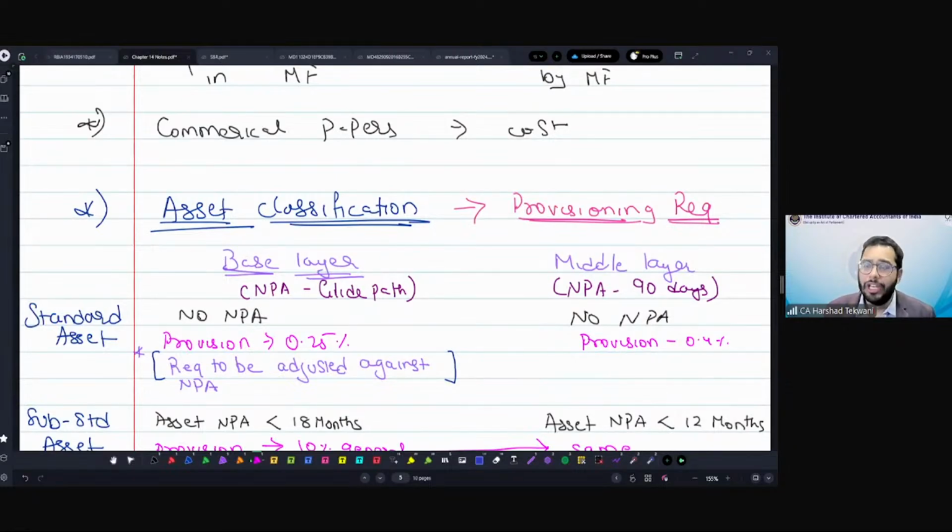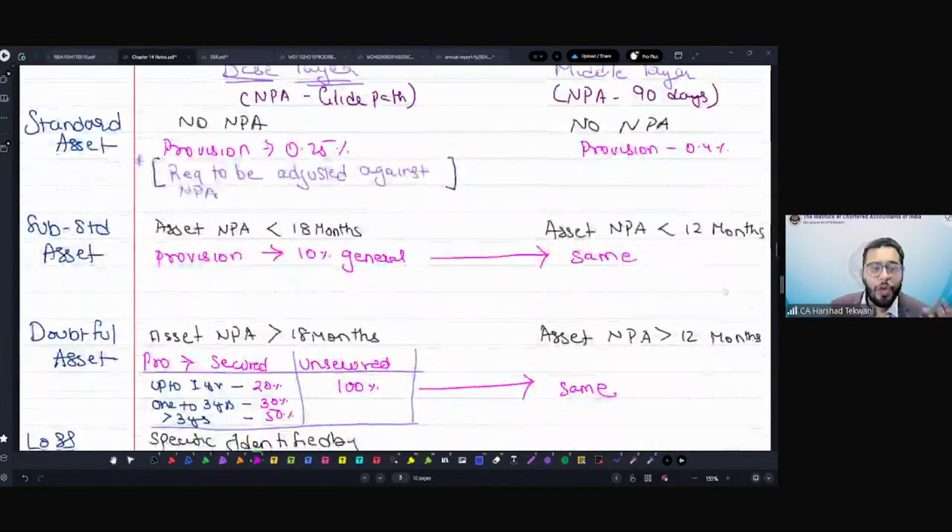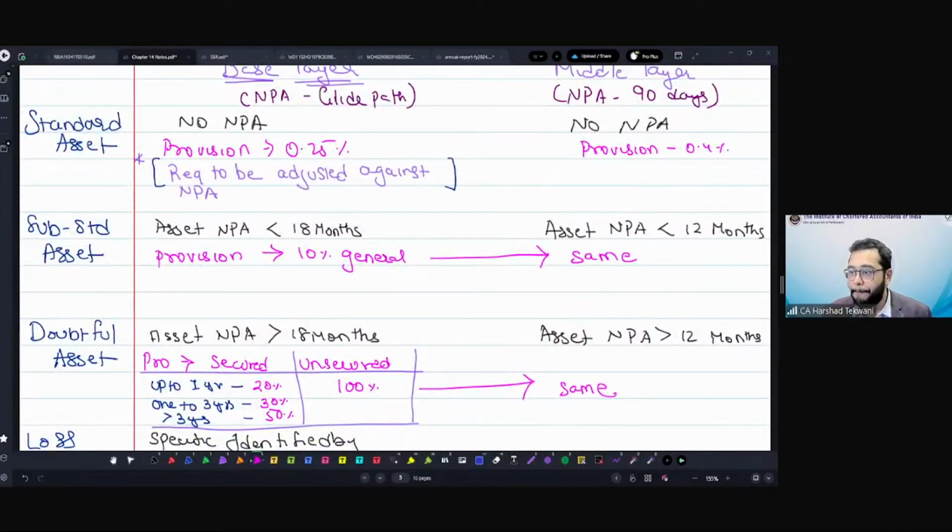The same provisioning requirements are also applicable to the middle layer. So you are not required to remember different numbers for the provision for the middle layer. That was your provisioning requirements for the base layer and the middle layer.